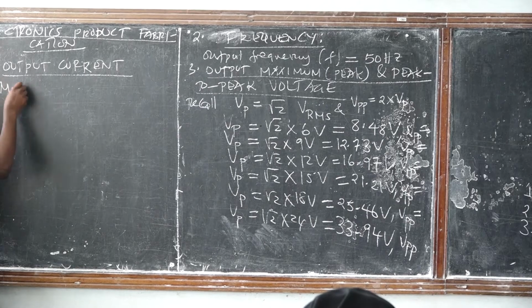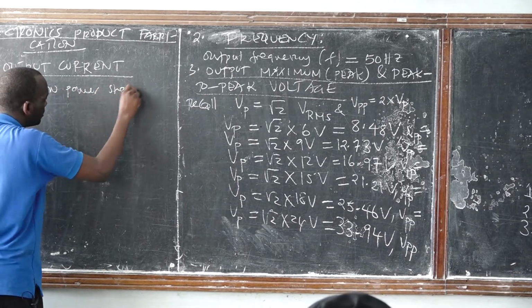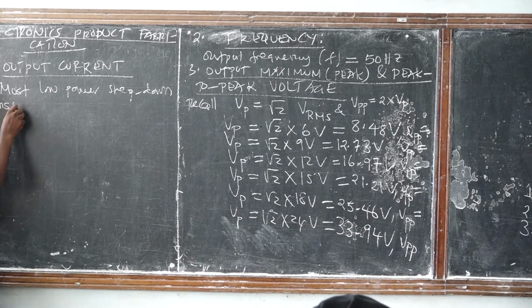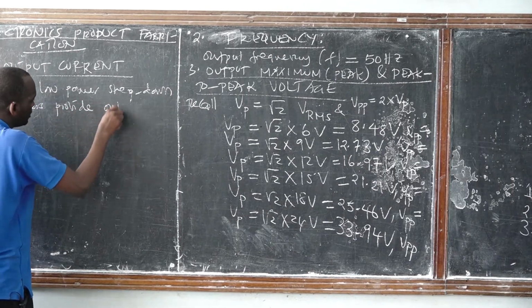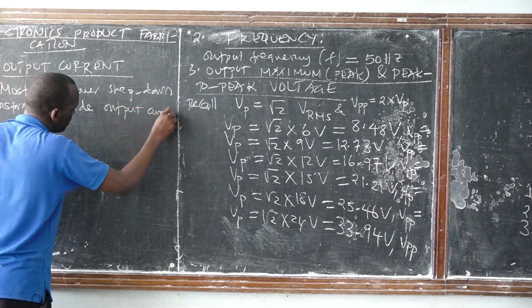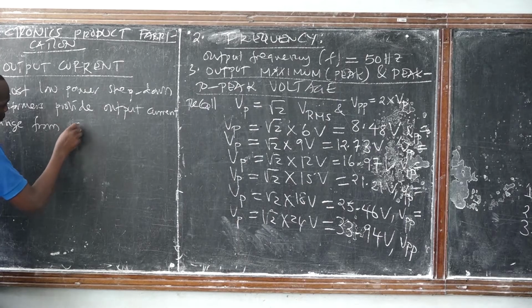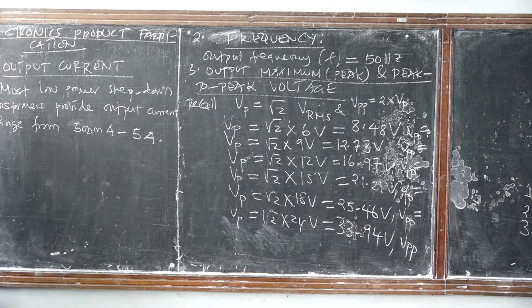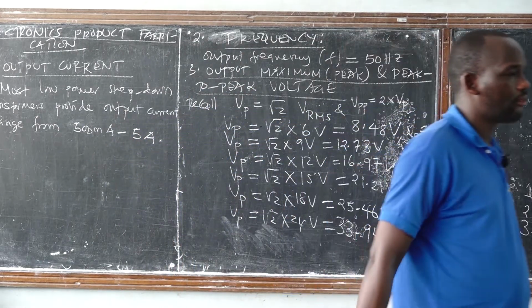So mostly low power step down transformers provide output current ranging from 500 milliampere to 5 ampere.